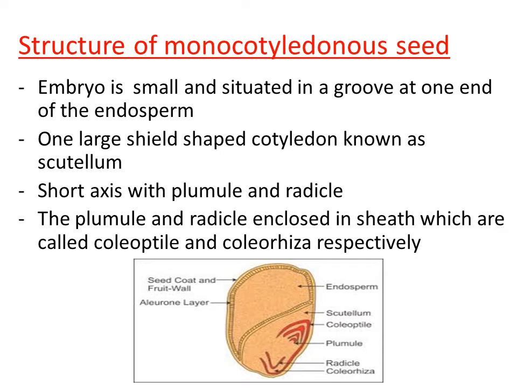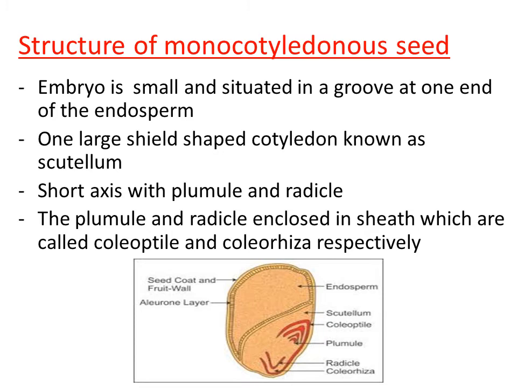A sheath-like structure completely encloses the plumule and radicle, right? The sheath that encloses the plumule of the embryo is named coleoptile. This is a very important terminology you need to practice. Coleoptile is the sheath-like structure that covers the plumule of the embryonal axis. Then coleorhiza is the other sheath that covers the radicle, right?